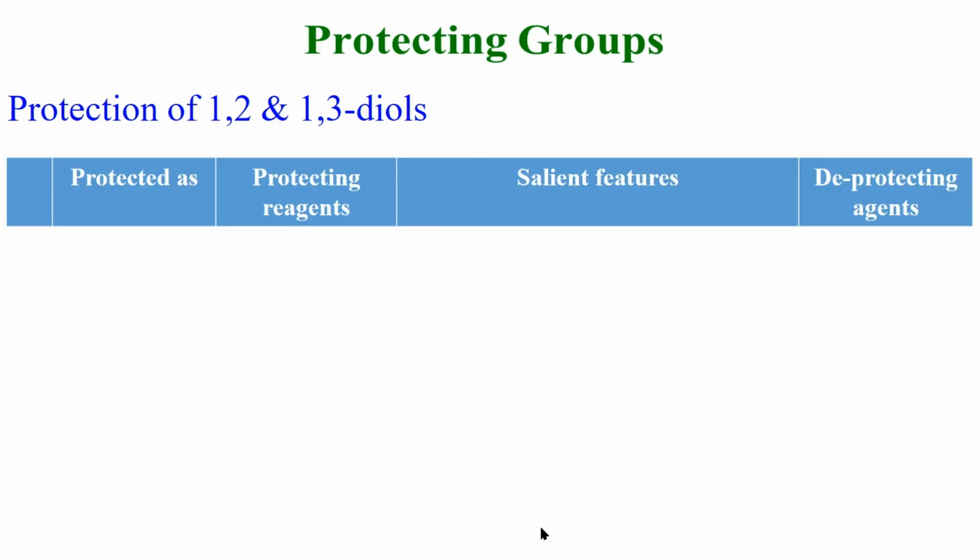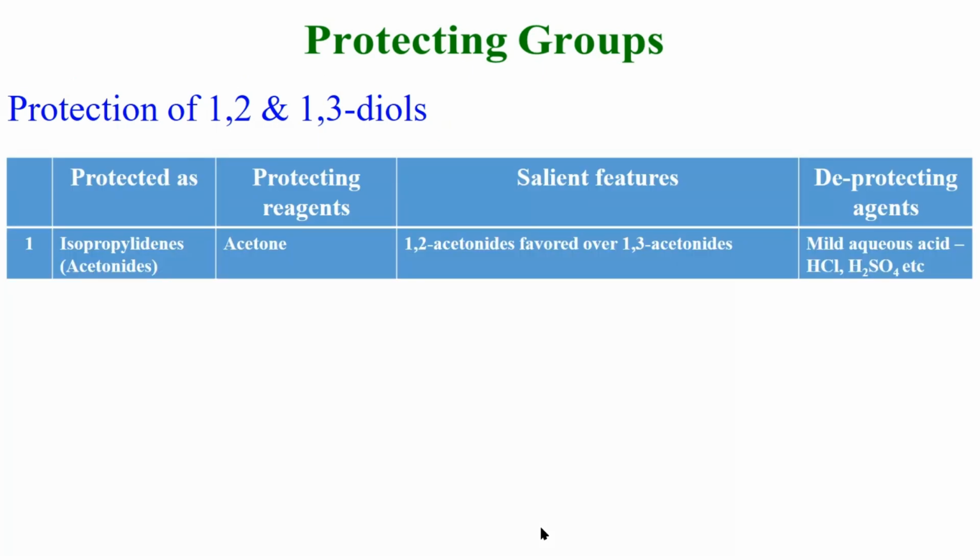Summarizing everything, the 1,2-diols and 1,3-diols can be protected as isopropylidines by using the protecting reagent acetone, and 1,2-acetonides are more easily formed over 1,3-acetonides. This stands as the salient feature of isopropylidines, and they can be deprotected easily by using mild aqueous acid, that is HCl or H2SO4 in the dilute form.